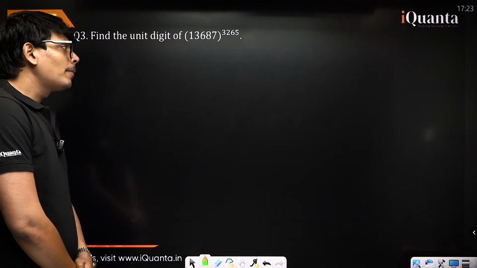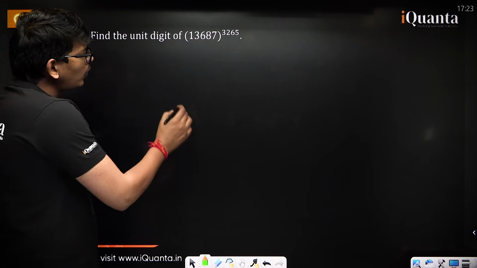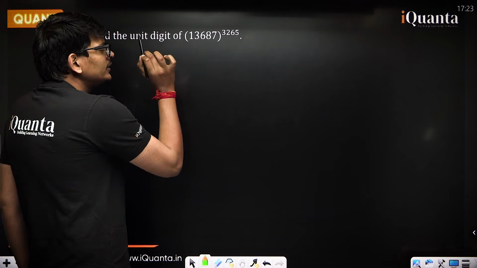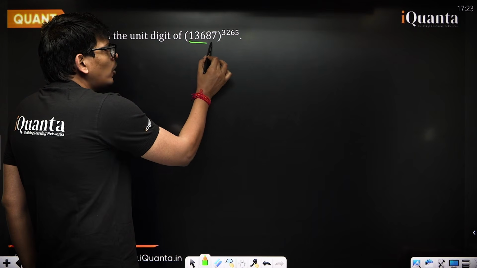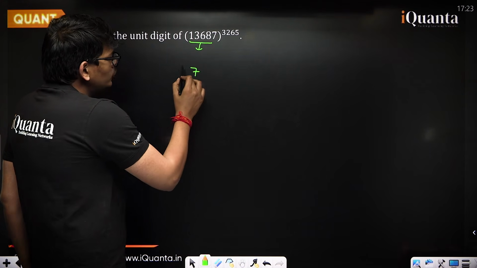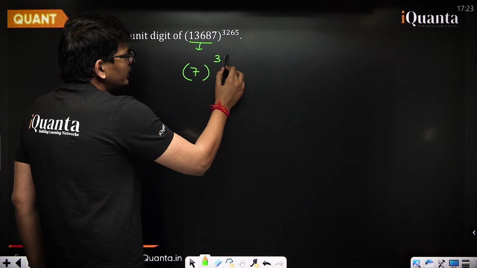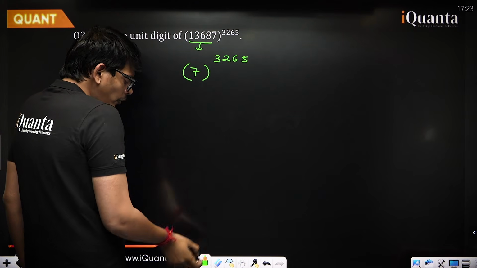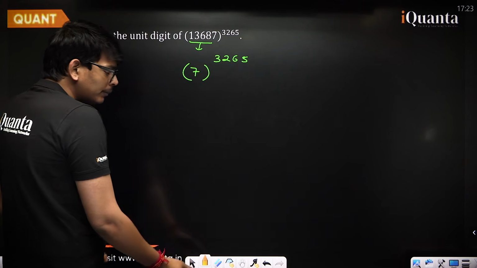13687 raised to the power 3265. Now, I have already told you the last digit depends on the last digit, so we are not going to focus on this part. We will focus only on 7. So, 7 raised to the power 3265. Now, you have to check whether this power is a multiple of 4 or not.